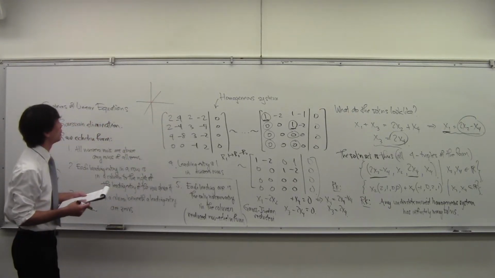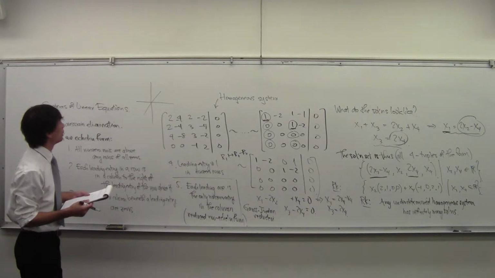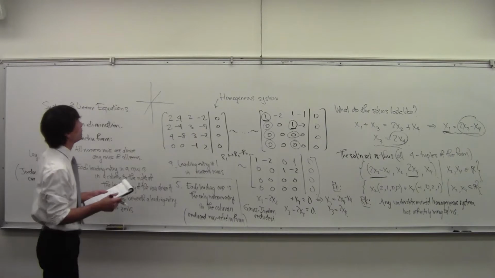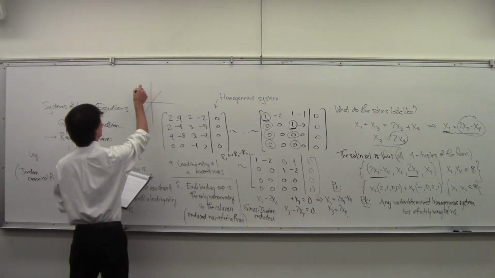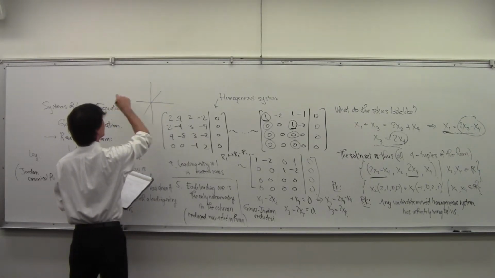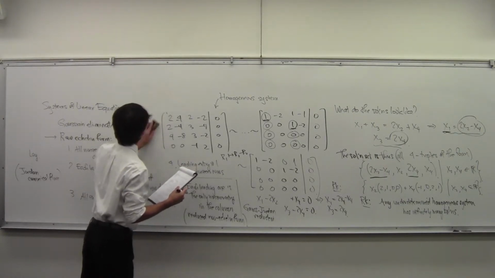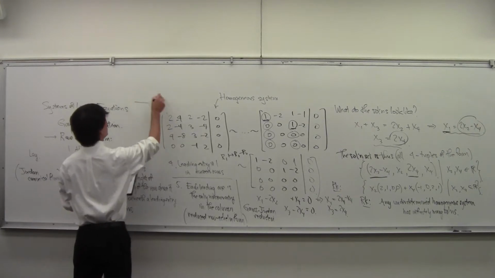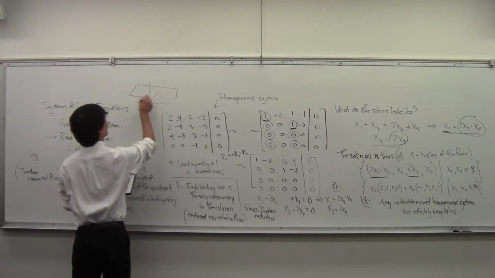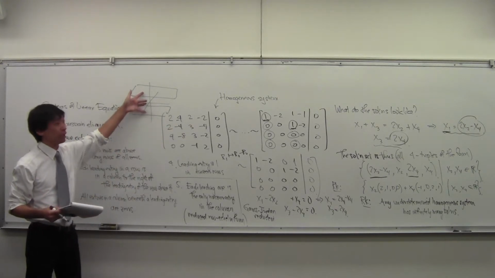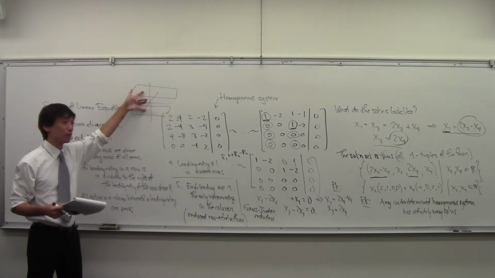In space, you could have two planes. No, sorry. Yeah, in space, you could have two planes that don't intersect each other, right? Well, that's an underdetermined system, but it has no solutions.